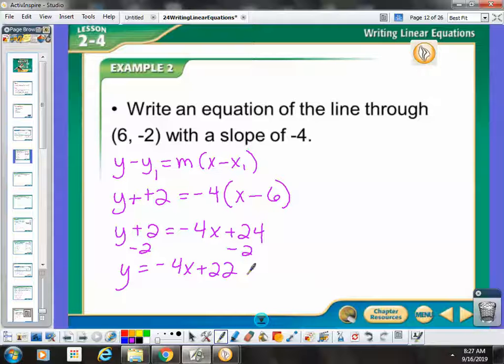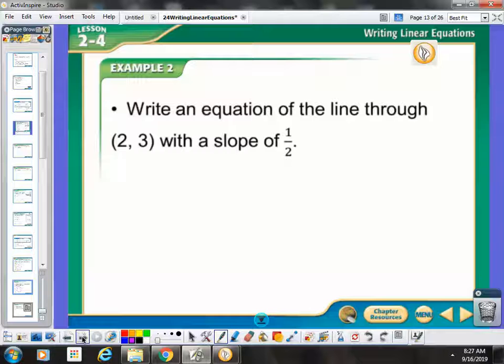So if you're somebody who doesn't necessarily like this new form, let's try one with the old way, the slope-intercept form, and you can kind of make your call after this. So write an equation. This time we're going to use the point 2, 3 and the slope of 1/2. Let's just jump right to slope-intercept form this time.